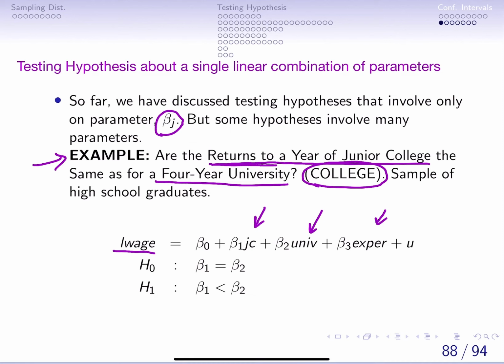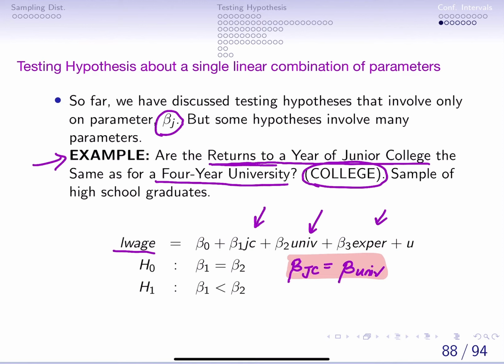If we wanted to ask the question, are the returns to a year of junior college the same as that of a four-year university, we could state our null hypothesis in such a way. And we could remain agnostic about what the alternative is.